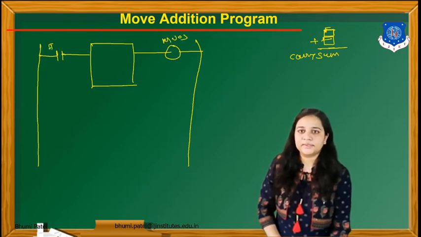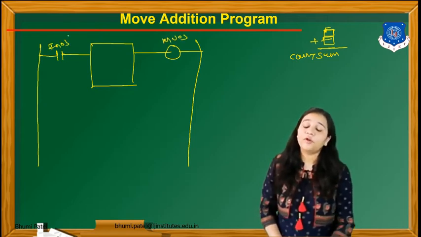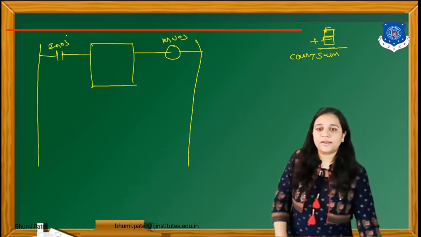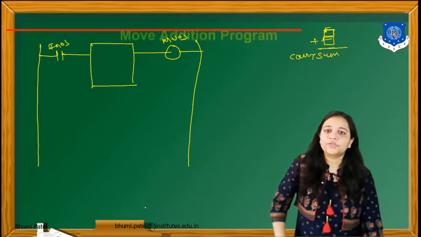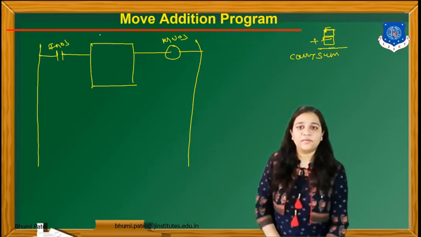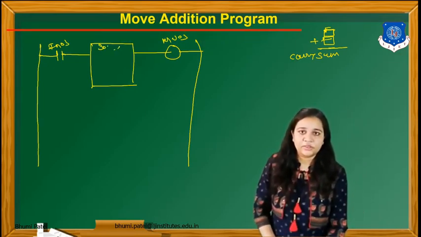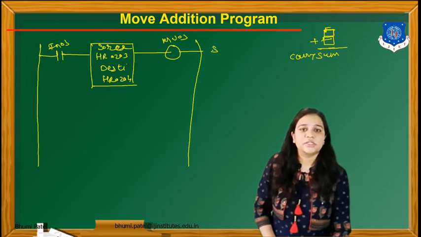Suppose IN03 is the input, and we have to use the source address like this, destination address HR0203. Okay, whatever data is there. So here source data is HR0203. Destination that we have to choose is 0204. So this is move for the sum addition.